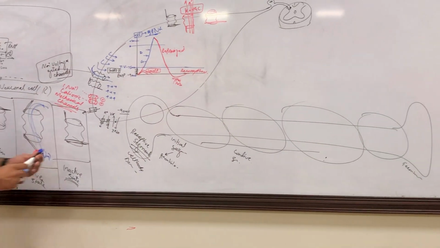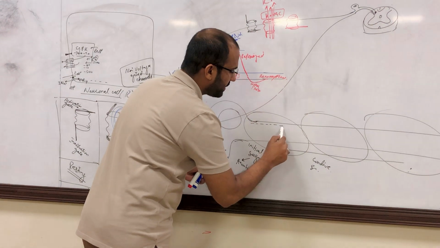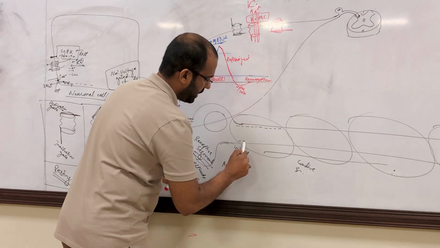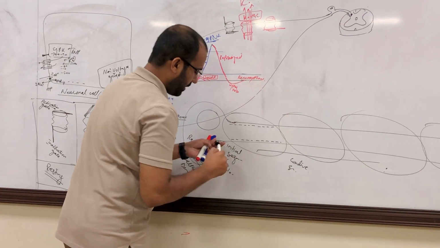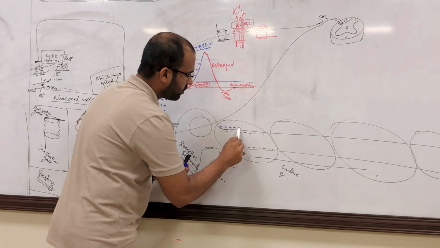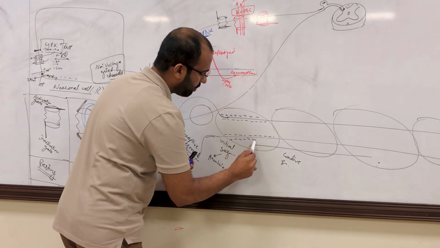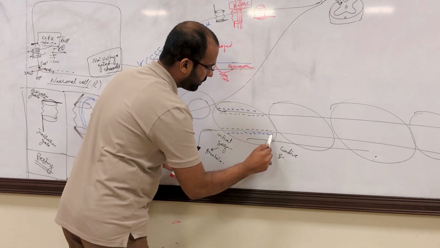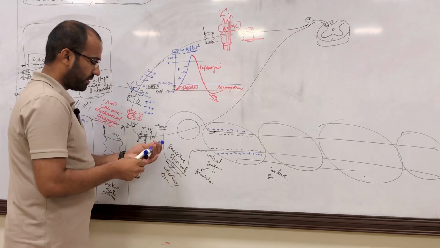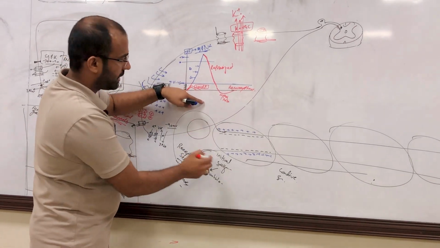Now listen. In the earlier resting state, the cell is negative inside and positive outside, as we have discussed in detail previously, isn't it? Now, what happens if I stimulate at this point, segment number 1?